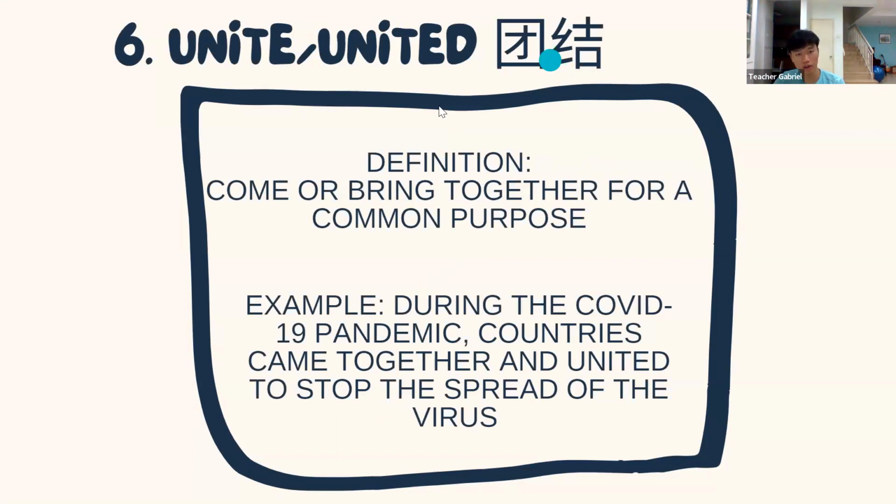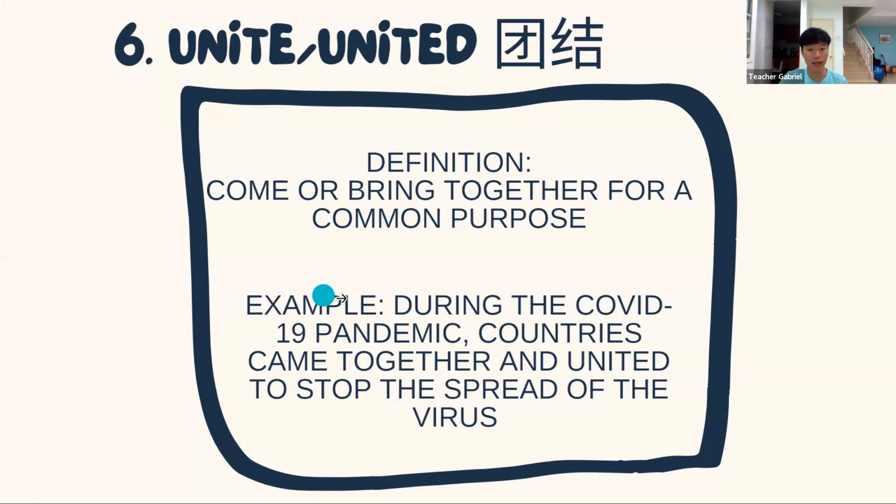And unite or united, I also taught you all, I think, for the English speaking class. Okay, 团结. It means, definition here, come or bring together for a common purpose. Okay, come together for a common purpose, 全部人召集一起, 一起团结起来 to do something.